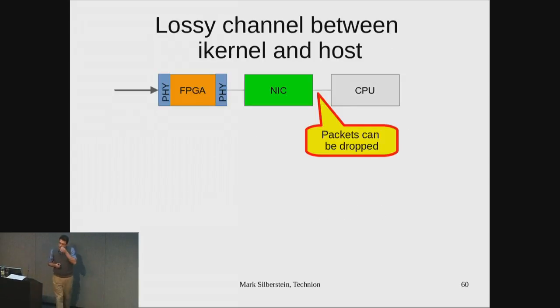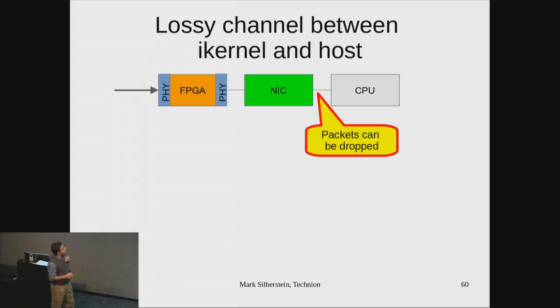So another interesting fact here, which is to a degree a downside of this bump in the wire architecture, turned out to be an interesting twist in the story. So look at this. You have an FPGA. The actual structure of the NIC looks like this. There is an FPGA with two physical interfaces that do the Ethernet and physical layer.